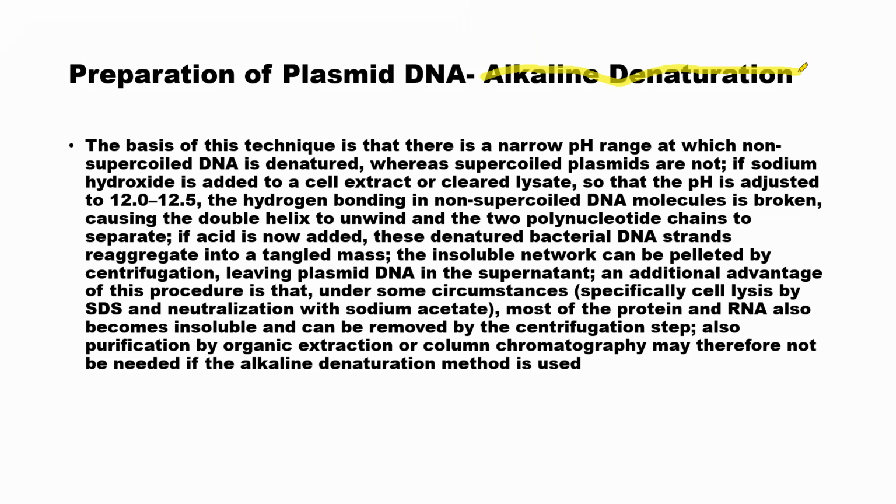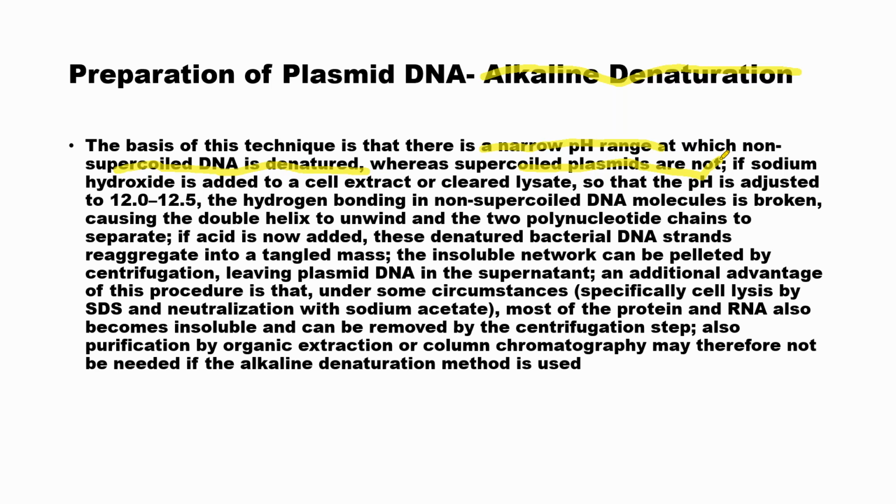So here, what are we doing? The basis of this technique is that there is a narrow pH range at which non-supercoiled DNA is denatured, whereas supercoiled plasmids are not. Very good. So what is the principle of the alkaline denaturation method? It is a method used for the isolation and purification of plasmid DNA based on the difference in conformation.